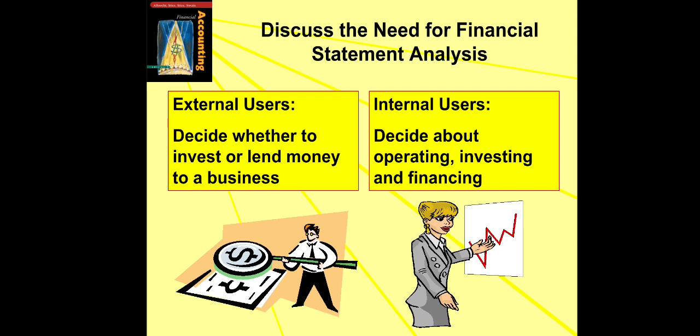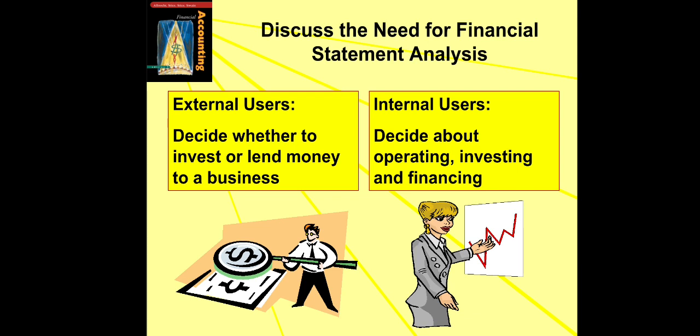Managers do financial statement analysis because they want to make management decisions. A manager has to make many business decisions every day: to set the price for the product, to decide how many workers to hire, to decide whether the business should open a new branch or not, etc. So when the manager wants to make this kind of business decision, the manager has to analyze the financial statement, do some analysis, and then make the business decision.